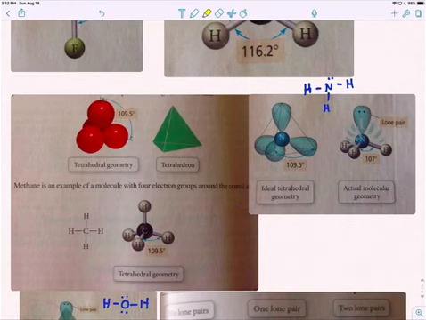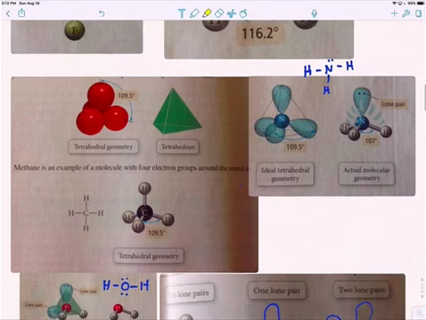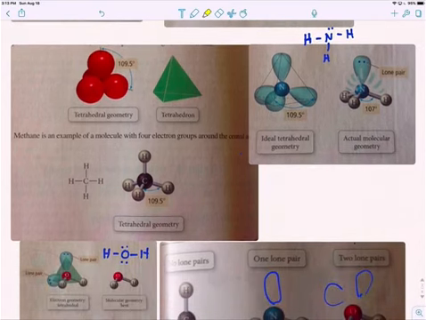So four bonding groups forms a tetrahedron, and the perfect angle in a tetrahedron is 109.5 degrees. That's if you have all the same bonding group. What happens if you have a lone pair? It squeezes the bonds a little bit more, and with ammonia here, that extra lone pair brings it down to 107 degrees.